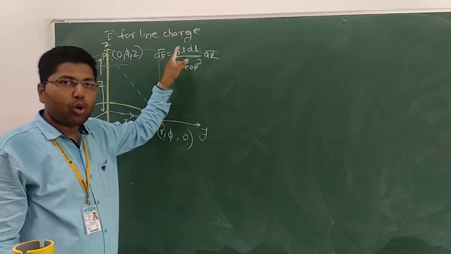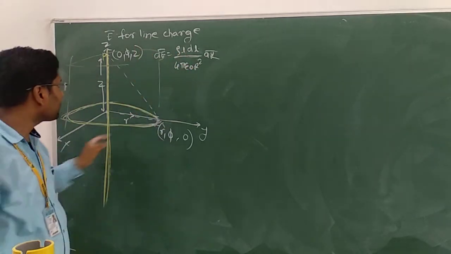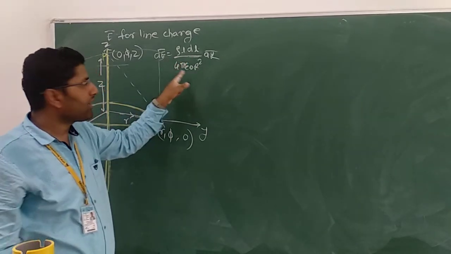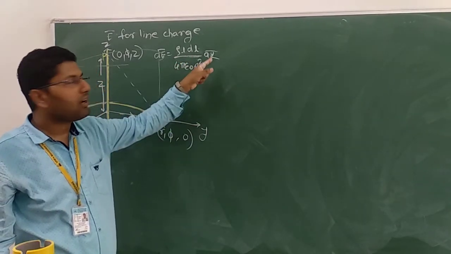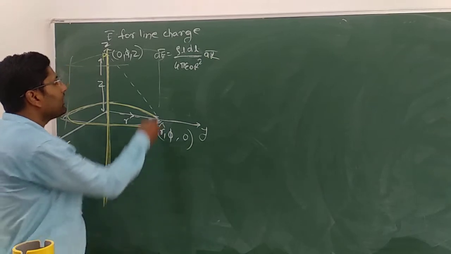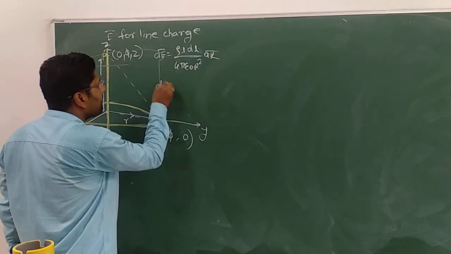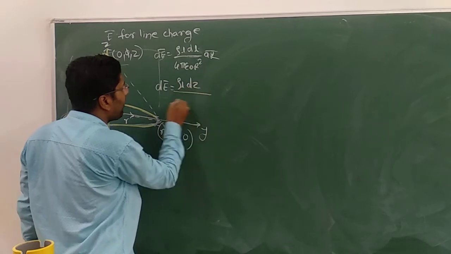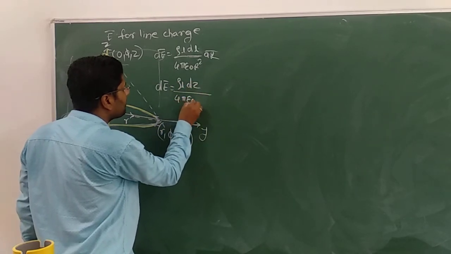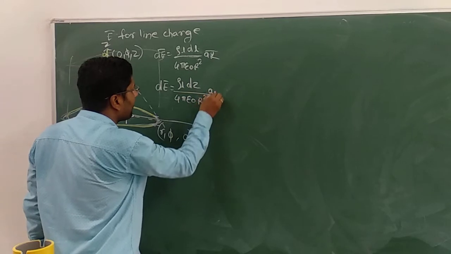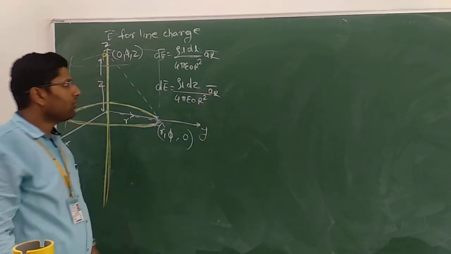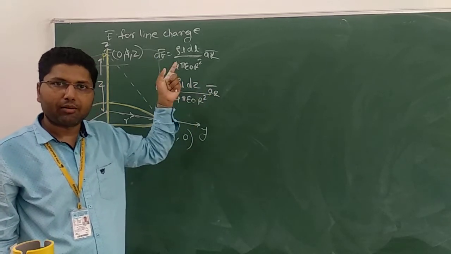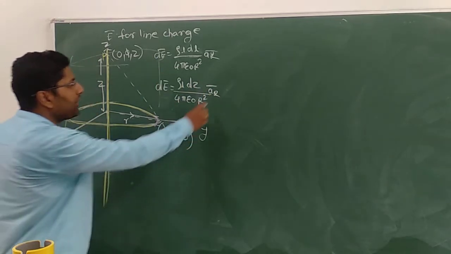So dE bar equals rho L dl divided by 4 pi epsilon 0 r square aR bar, and I have just put dz instead of dl: dE bar equals rho L dz divided by 4 pi epsilon 0 r square aR bar. Now I have to calculate aR bar.